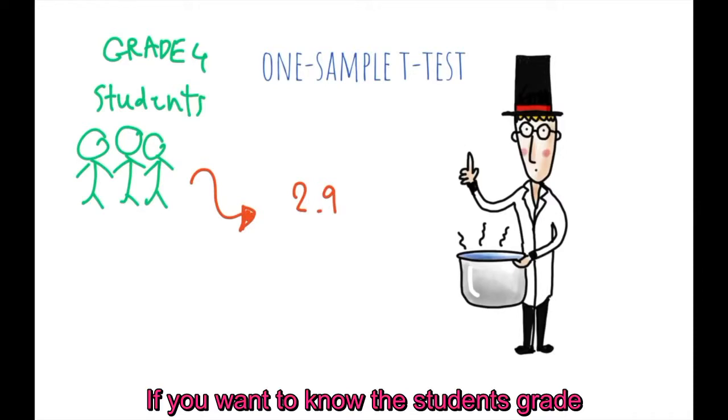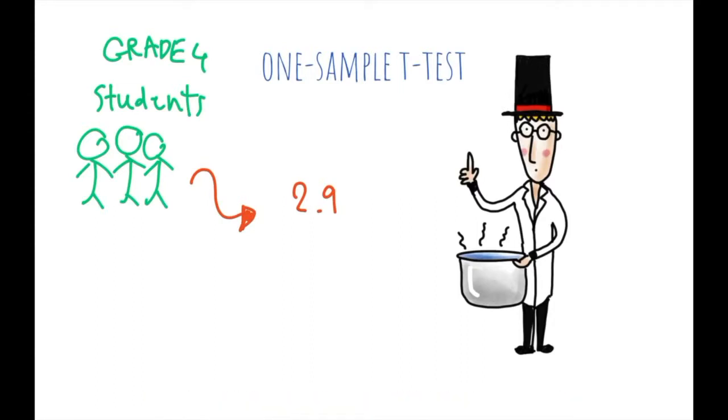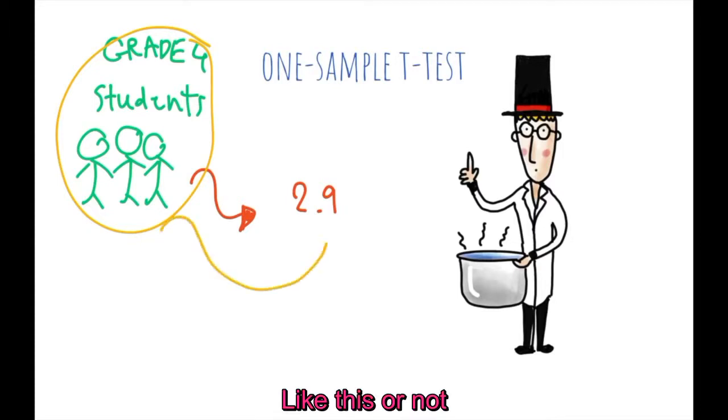If you want to know the student grade, you have to test by one-sample t-test to test whether your whole sample got a GPA like this or not.